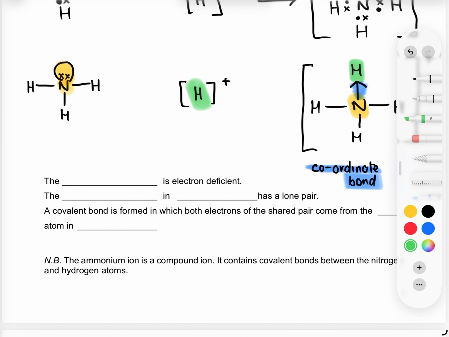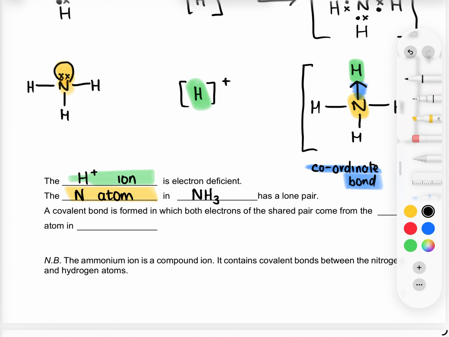So what we're going to look at is who is electron deficient. And we need to be specific, so don't just say hydrogen, it's the H plus ion that is electron deficient. And who has a lone pair? It was the nitrogen atom in NH3.